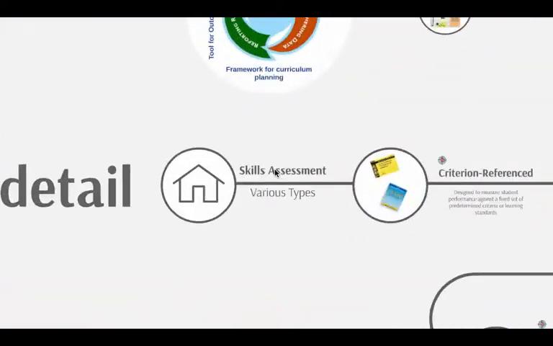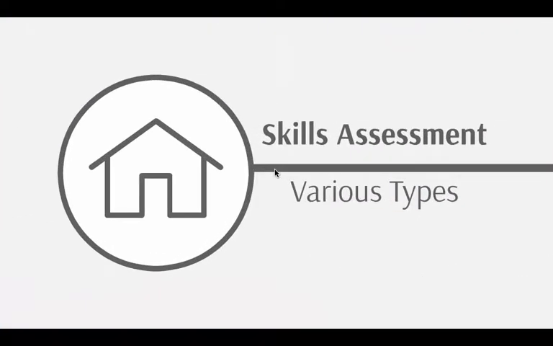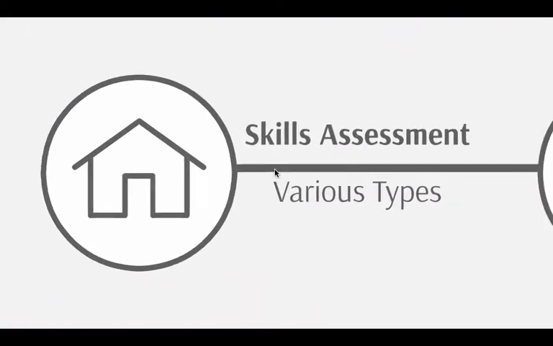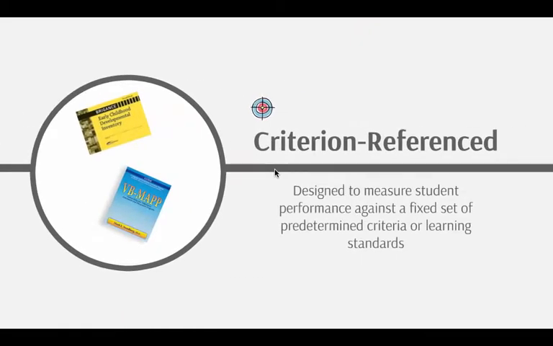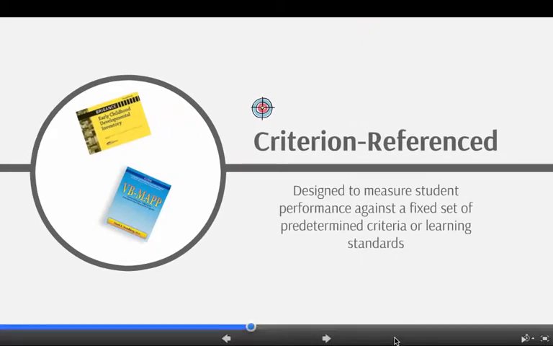Now, with respect to the details of skill assessment, I want to review for you the various different types of assessment. One form of assessment that your board certified behavior analyst supervisor will use is what's referred to as criterion reference. All that means is that the assessment is designed to measure student performance against a fixed set of predetermined criteria or learning standards.